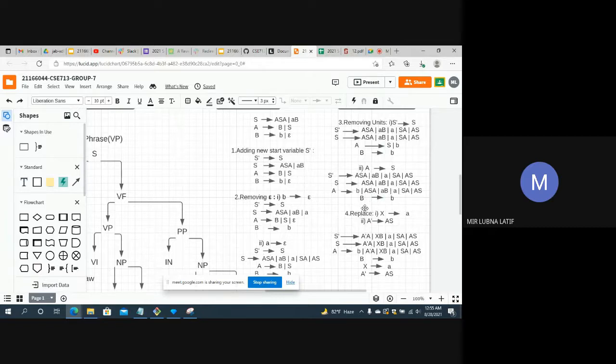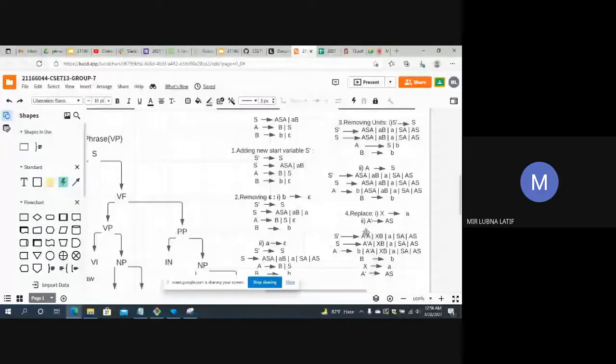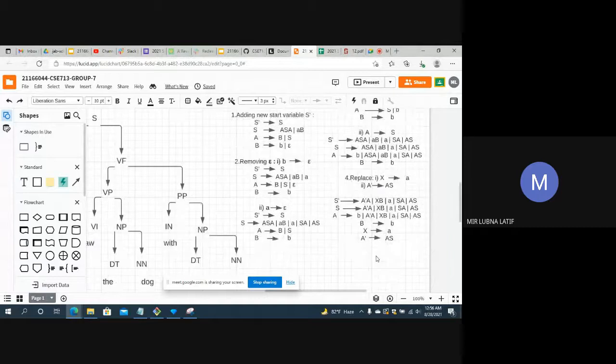and after that we have replaced that value, and after that we have used the same, like X to A, and as you can see each of those is written in this form.